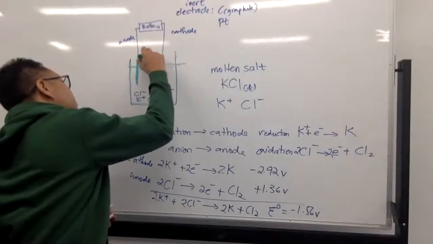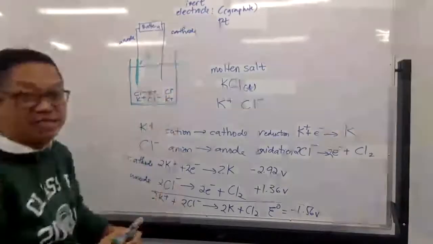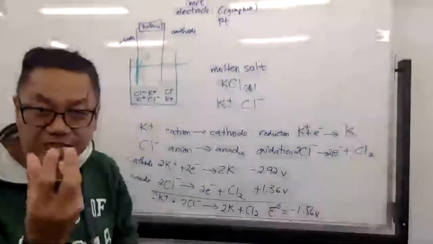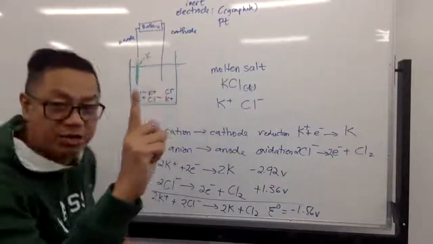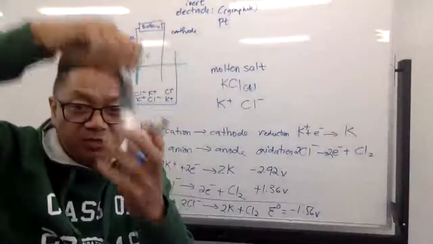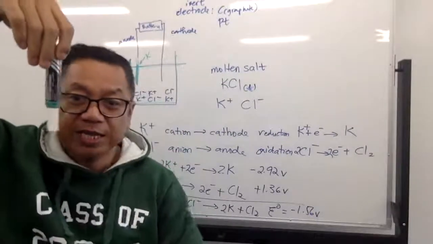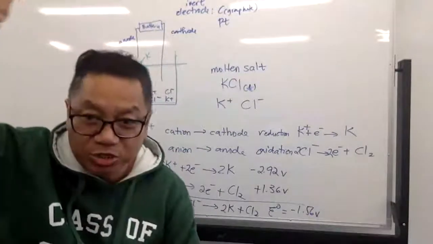You would see that it will be coated by potassium. So the inert electrode will be coated with potassium.